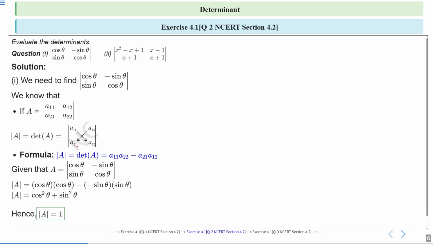We take a matrix A from the set of all matrices, the set of square matrices, and we map it to a number, and that number is 1. So determinant is a function which takes a matrix and maps it to a unique number.